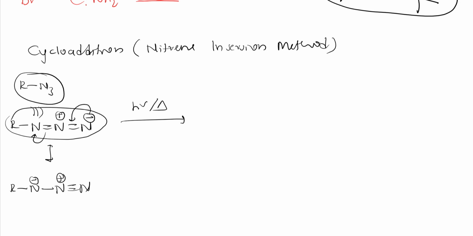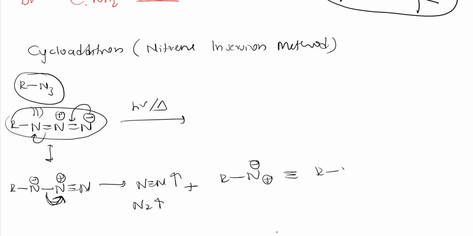Because of these conditions, light or heat, it takes this electron density and goes as nitrogen gas, N triple bond N, or N2 gas I can show. Further, what I left, RN minus is there. Since this bond is broken, again plus it will get. So totally minus plus neutral, RN. Initially one lone pair, again lone pair. This is called nitrene, right?